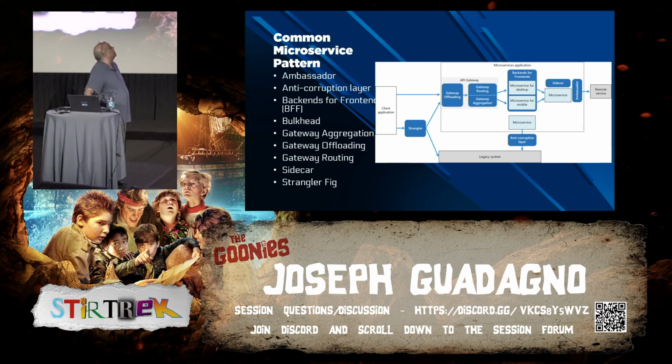The next one is the common microservice pattern. These are kind of an amalgamation of multiple different ones. You can think of this if you are trying to build a new application while an existing application exists.